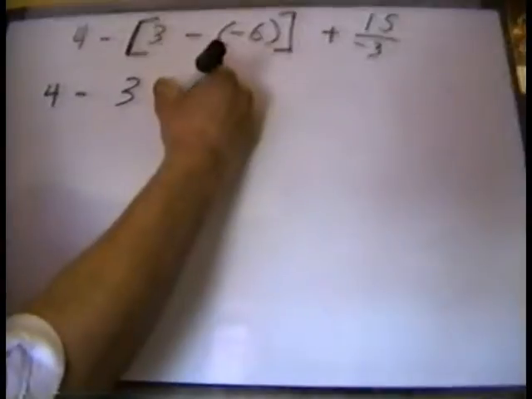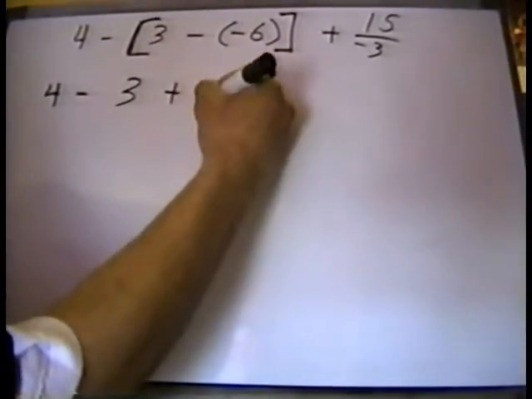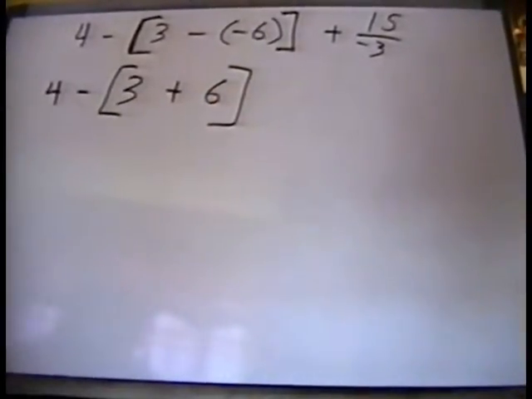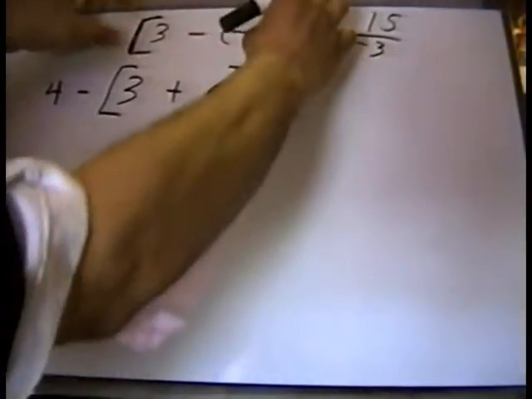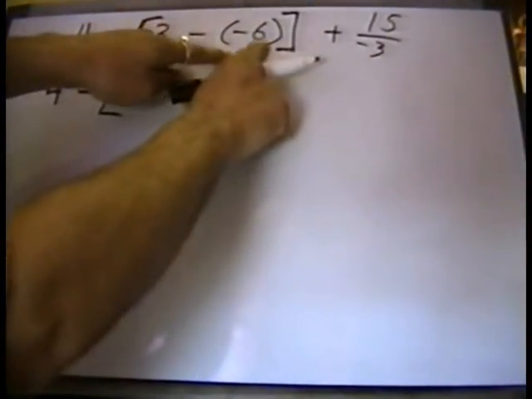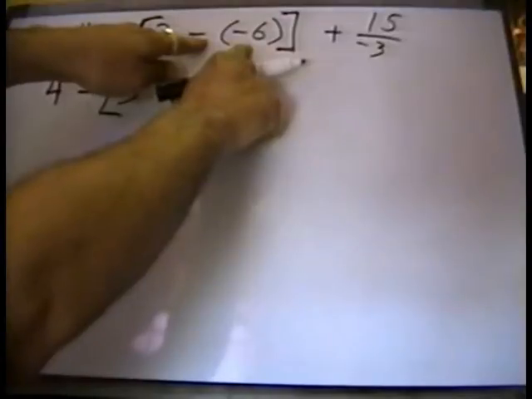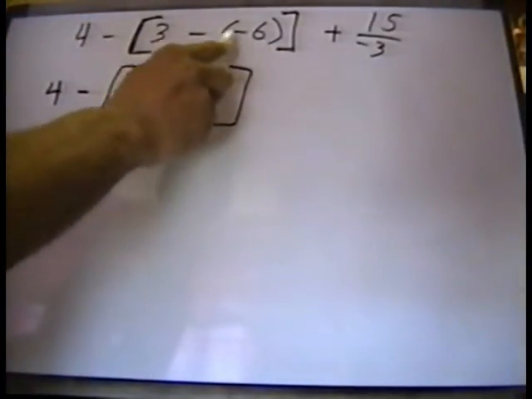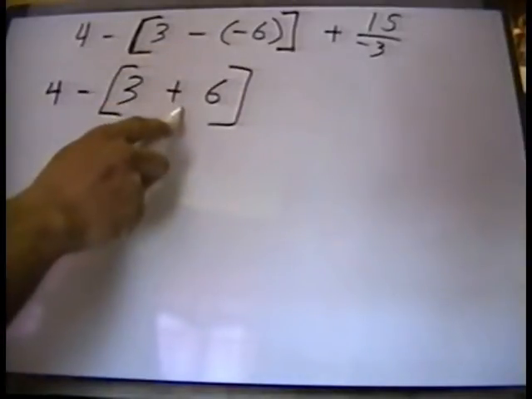So you get 4 minus 3 plus 6. Now remember, that's still in the brackets though. Because remember, within these brackets we have these parentheses. So we have to take care of that negative 6 first. The very first thing I had you do was to change this into its proper form.